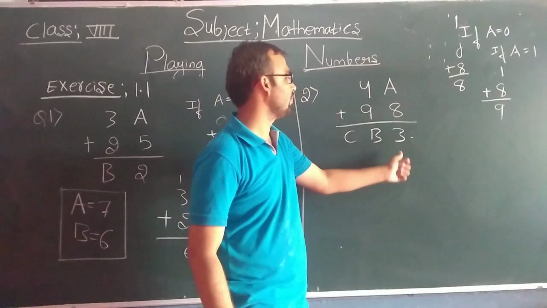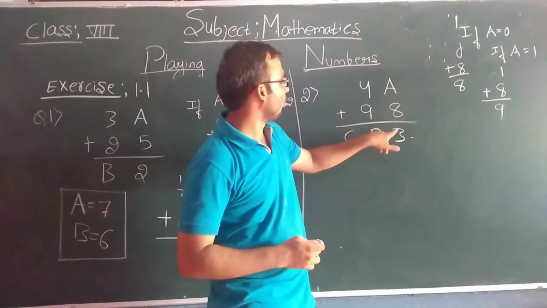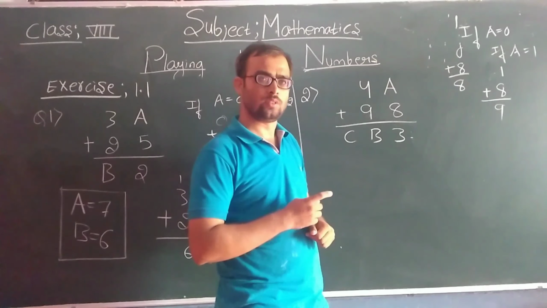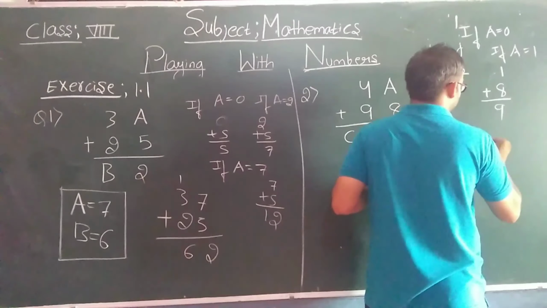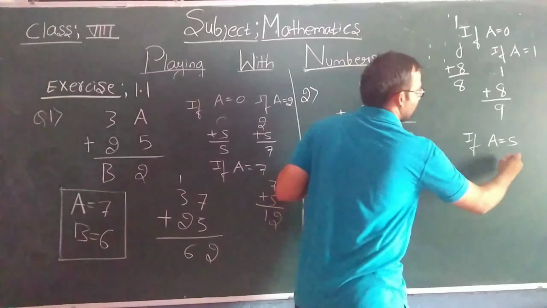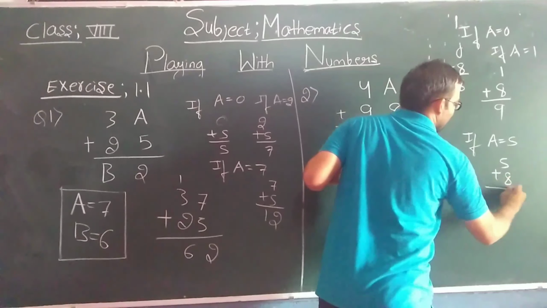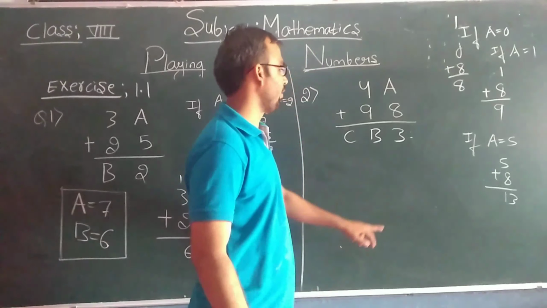But what we want is 3. Then what has to be added to 8 to get 3 at the ones place? Just think. So let us take A as 5. We can try 5 plus 8, which is 13. We have got 3 now at the ones place.